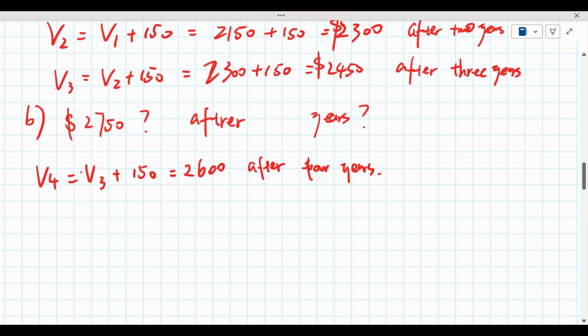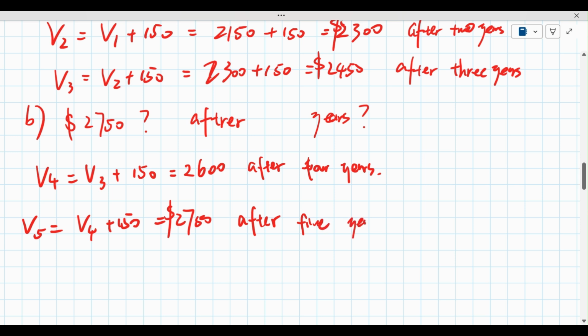V5 equals V4 plus 150, which is $2,750 after 5 years. So after 5 years, we reach our goal of $2,750.